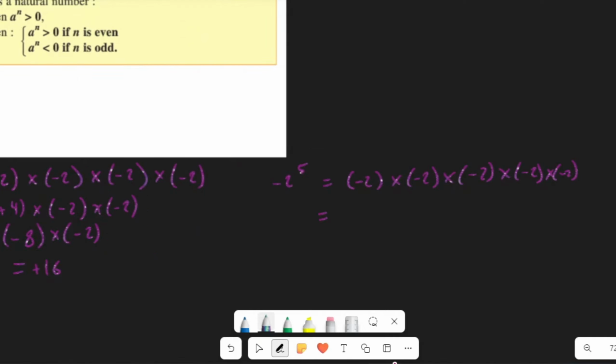Therefore, once we expand it, it's 4 multiplied by negative 2 gives us negative 8, multiplied by negative 2 multiplied by negative 2.